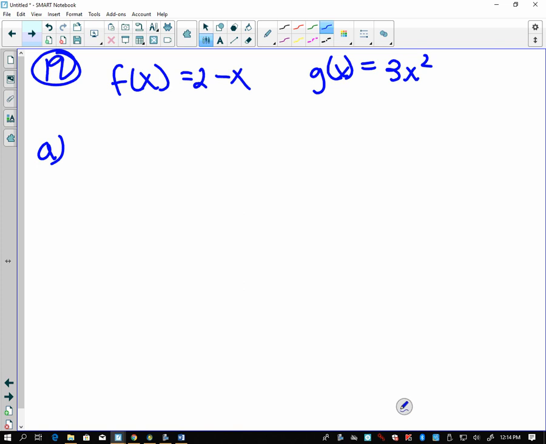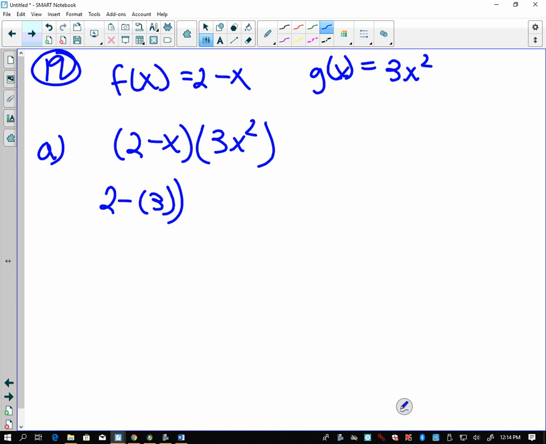So that means what they want us to do is take 2 minus x times 3x squared, and you could do that, but the easier way is to go ahead and do 2 minus 3, solve that, 3 times 3 squared, solve that, and then multiply.